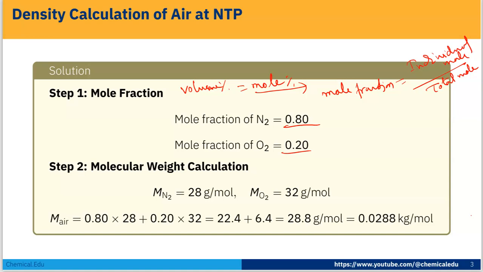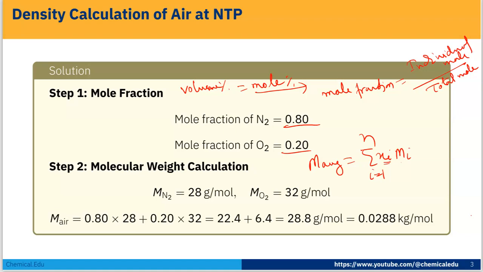And molecular weight calculation. So average molecular weight, we know that the formula is summation of xi and mi, where xi is mole fraction, mi is the molecular weight, and i is equal to 1 to n. So here the molecular weight of nitrogen, we already know, is 28 gram per mole. Molecular weight of oxygen is 32 gram per mole.